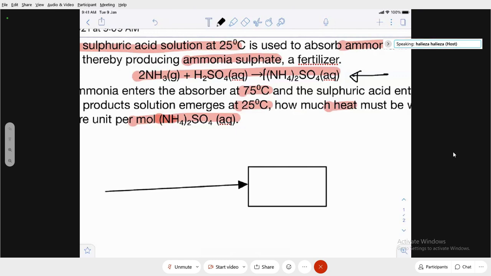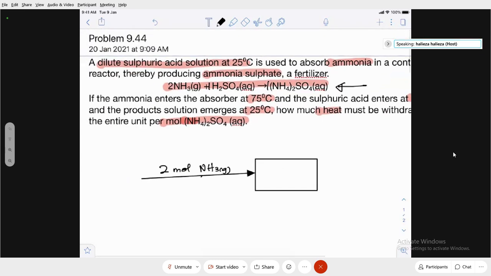So that means you need 1 mole of sulfuric acid and 2 moles of ammonia gas. That's the amount of input that we're going to put into the unit. So we have 2 moles of ammonia gas, coming in at 75 degrees C.